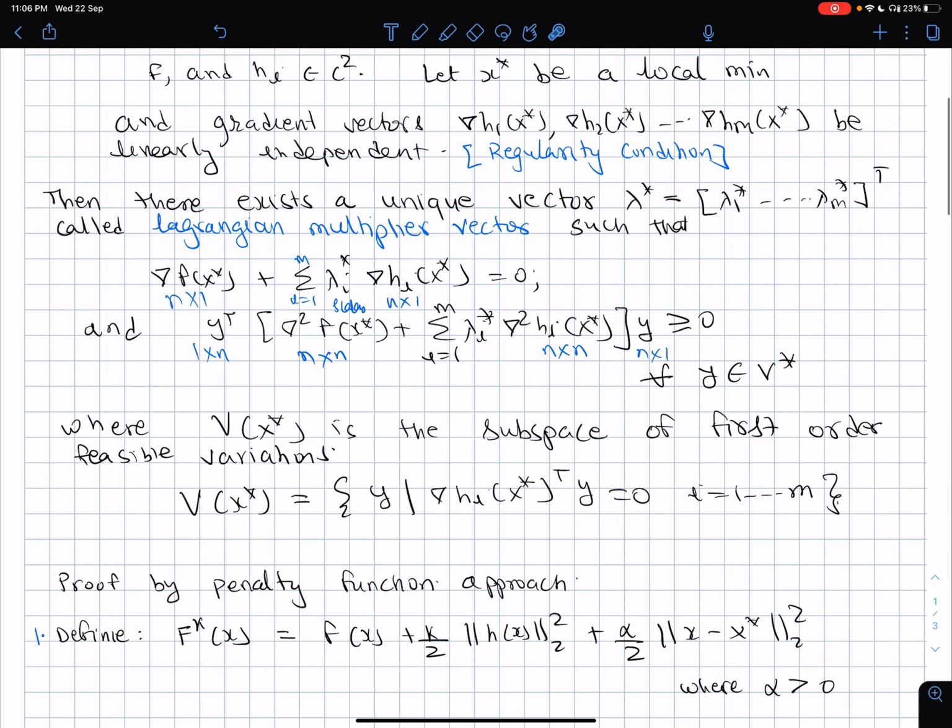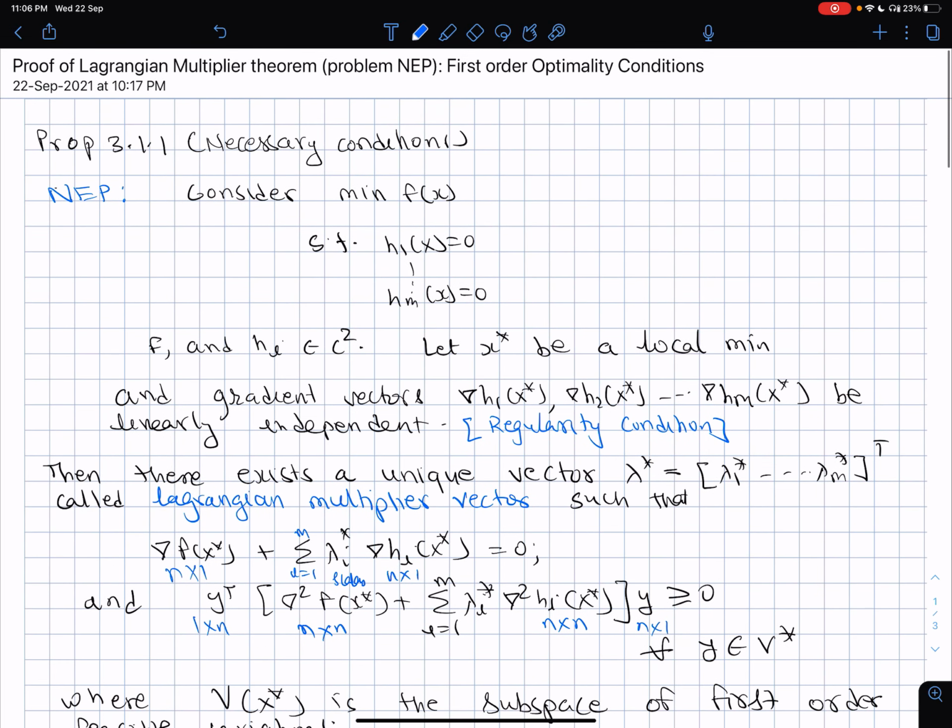And what do you mean by first order feasible variations? These are basically the tangents. Y represents tangents, so the gradient vector of the constraint transposed times the y vector is equal to 0. So I'll explain it here.